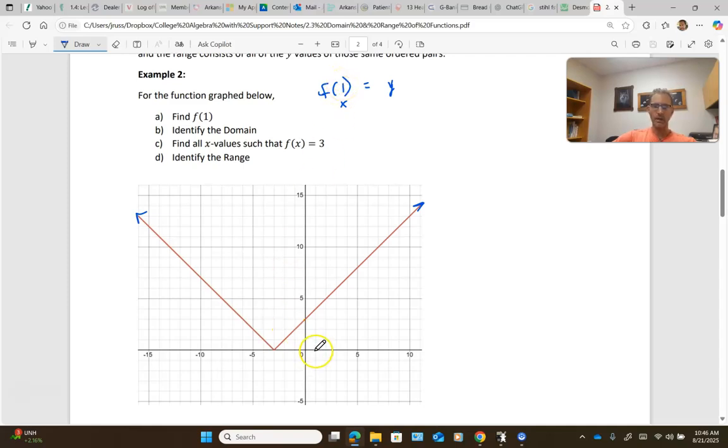Well, 1 on the x-axis is right here, so the point on the function that has an x-coordinate of 1 will be right here. And what's the value of the function when x is 1? Well, it's right here, it's 4. Or in other words, whenever the input is 1, the output is 4.